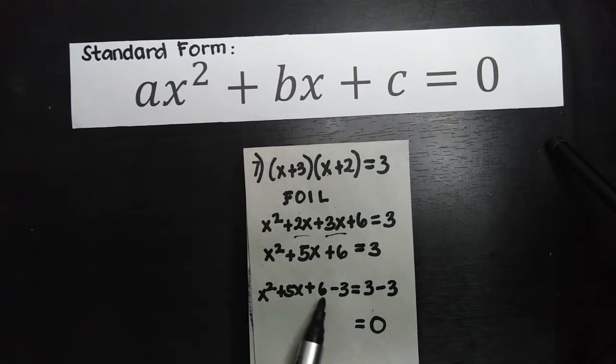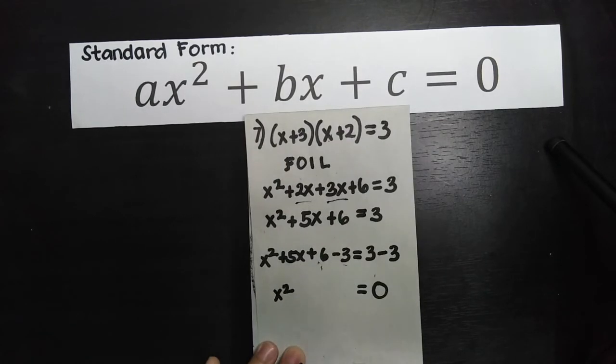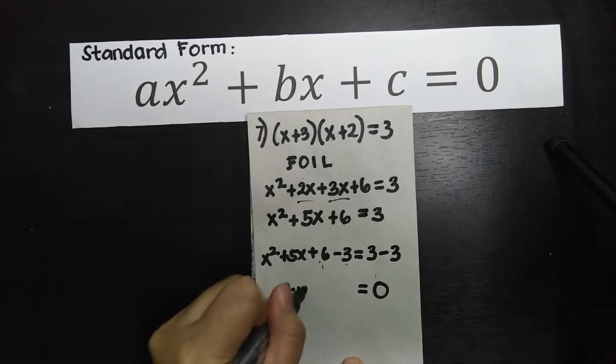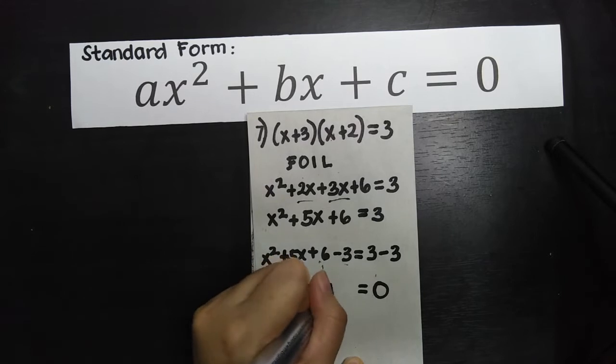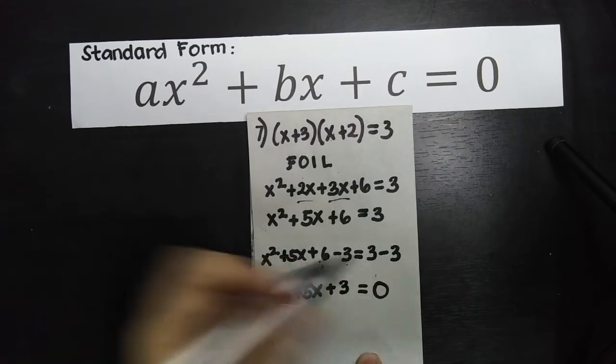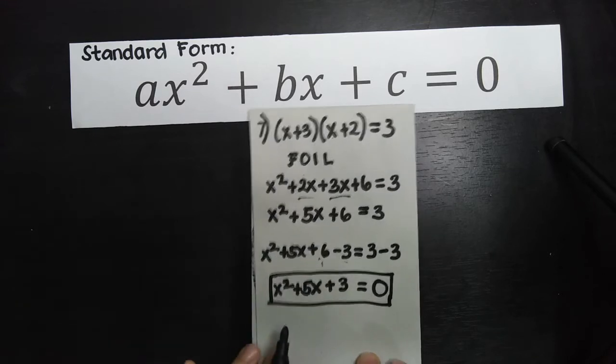Okay, so eto, we can combine them. So now we are left with x squared plus 5x, 6 minus 3, that is positive 3. And this is now our quadratic equation.